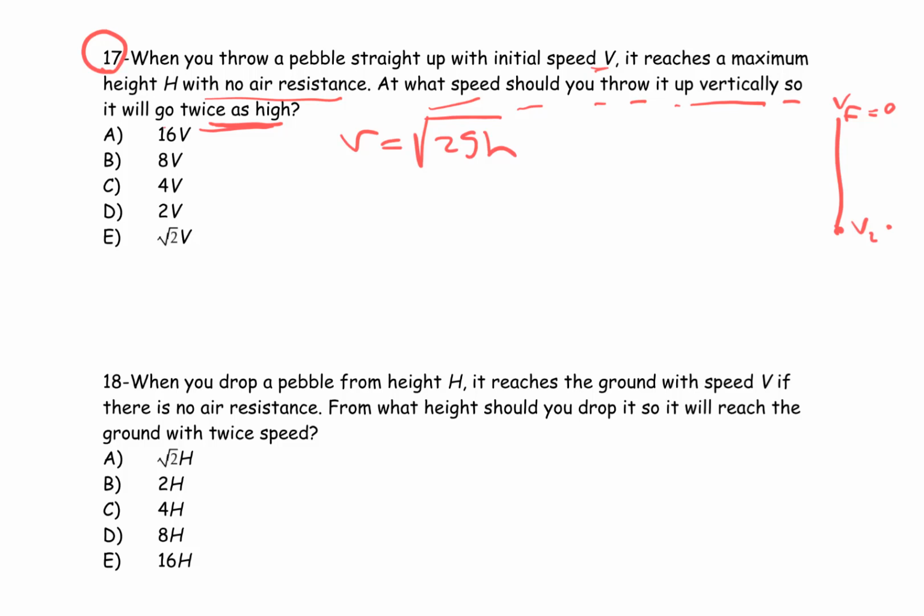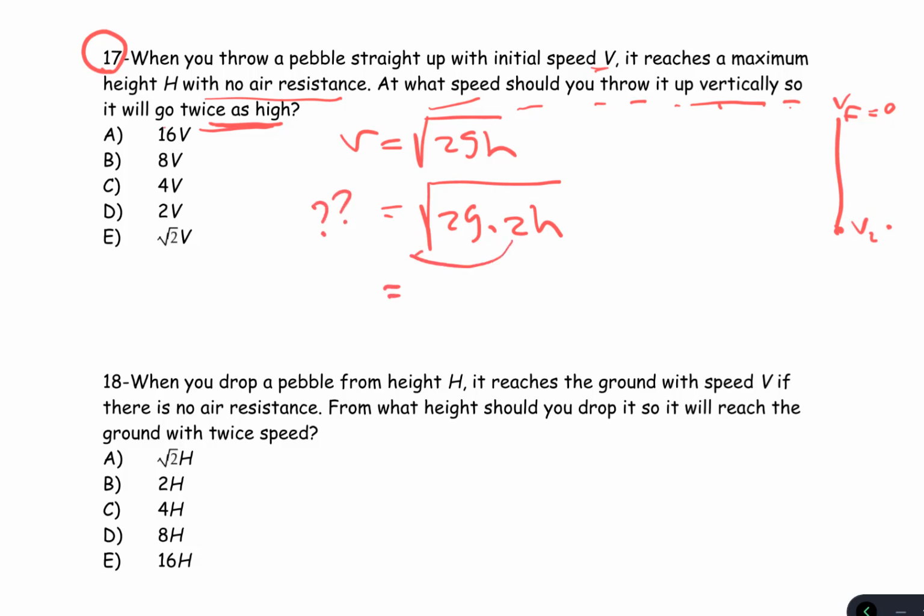So when the height is h, the velocity is v. He asked, at what speed should you throw it up vertically so it will go twice as high? So here, instead of h, we can write 2h to get the speed.